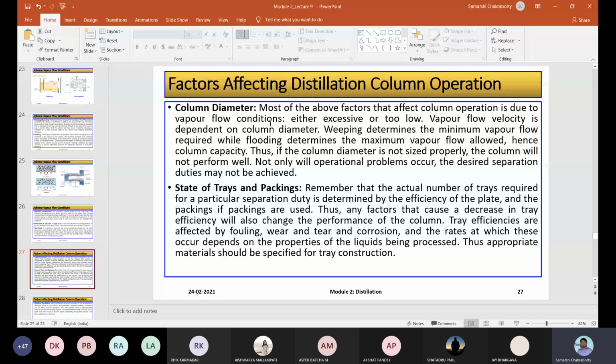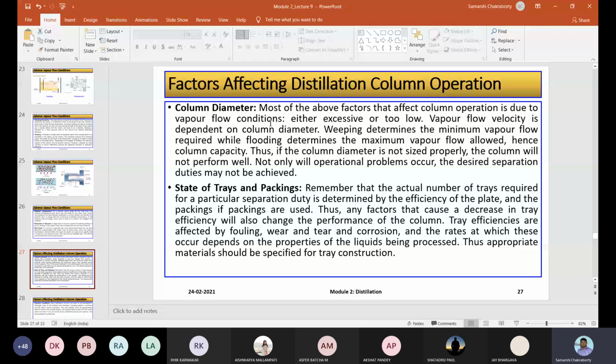Now comes another factor, which is the column diameter. Most of the above factors that affect the column operation do so through vapor flow conditions, either excessive or too low, and the vapor flow velocity is dependent on the column diameter.